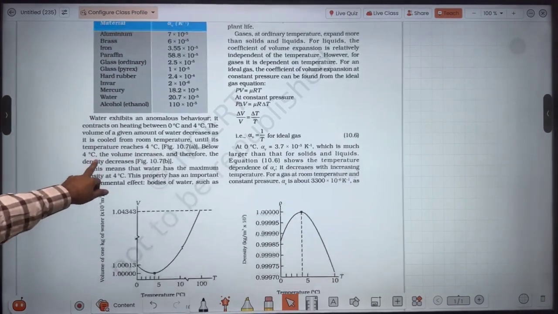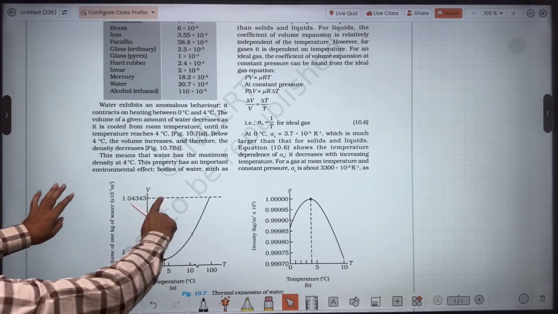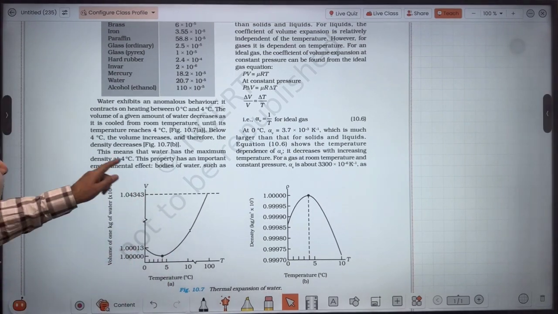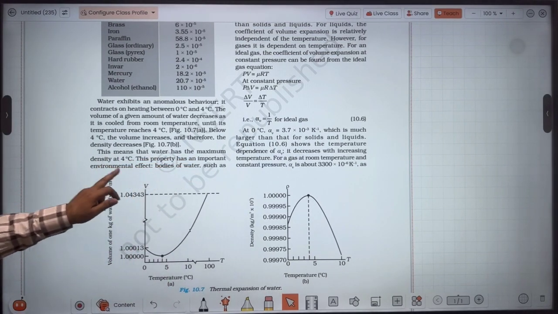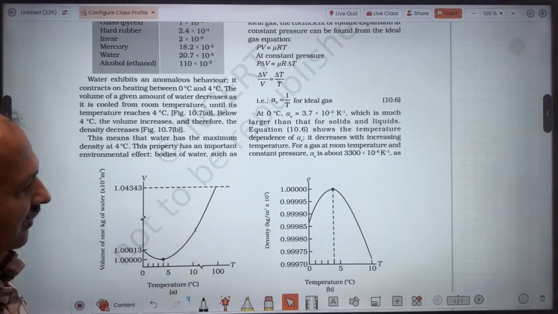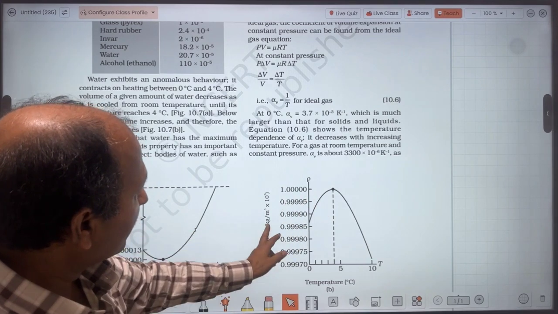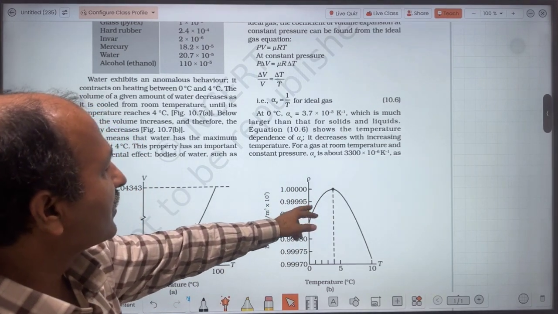Then we are going to see the anomalous behavior of water. What does this mean? Through the graph you can understand, water has the maximum density at 4 degrees centigrade, right? Here you can see density is 1000 kg per meter cube.